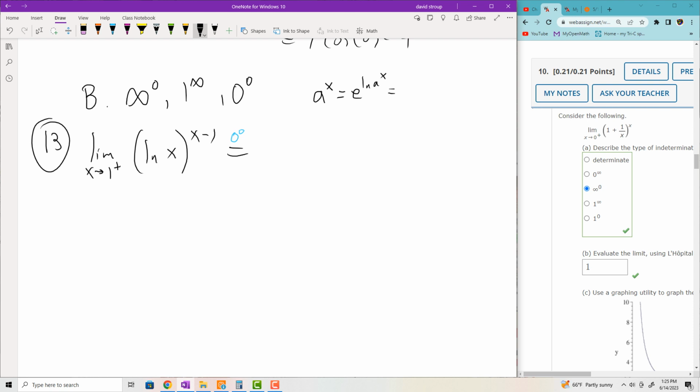And then you could rewrite that as e to the x ln of a. So it effectively gets rid of the exponent issue. And then what you do is just move the limit into the exponent. Okay, so let's do that. I have the limit as x goes to 1 from the right, and then this will be e to the ln, and this gets a little nasty, but just hold on tight, ln of the ln to the x minus 1. Oops.